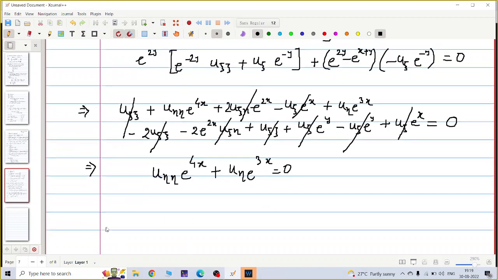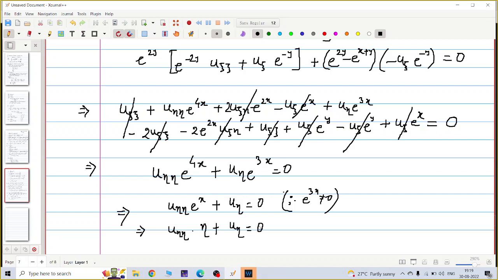If I take e power 3x common, I get u_eta eta e power x plus u_eta equal to 0, because e power 3x is non-zero. Just take it common. So what is my e power x transformation? Eta is my e power x.